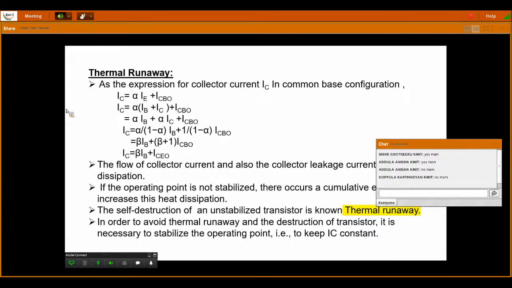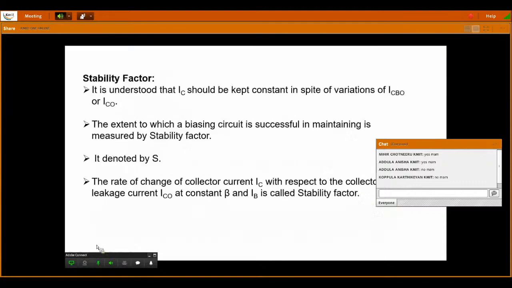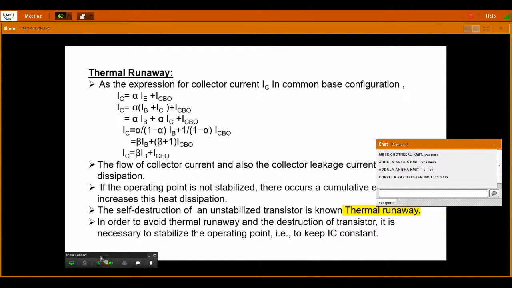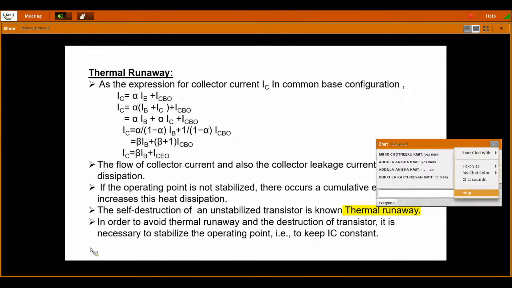In a common base configuration, our input terminal is the emitter and your output terminal is your collector.